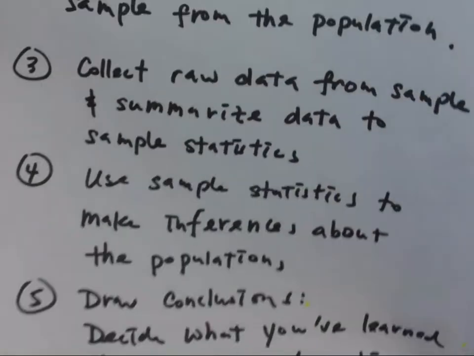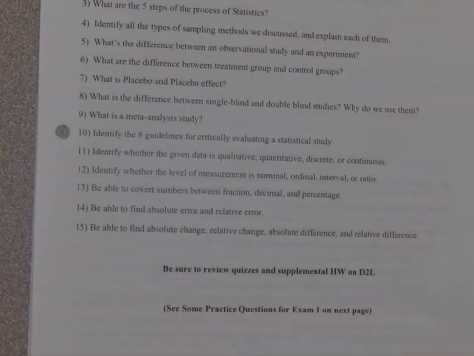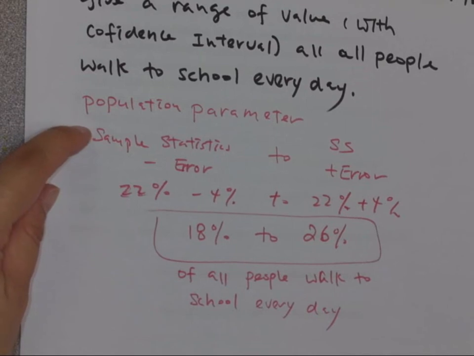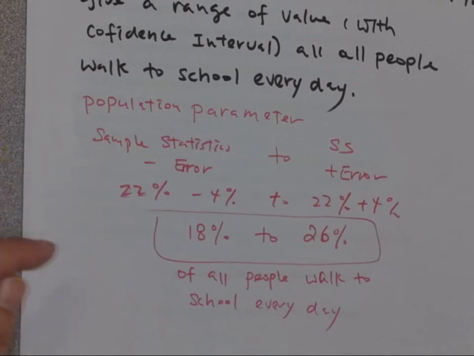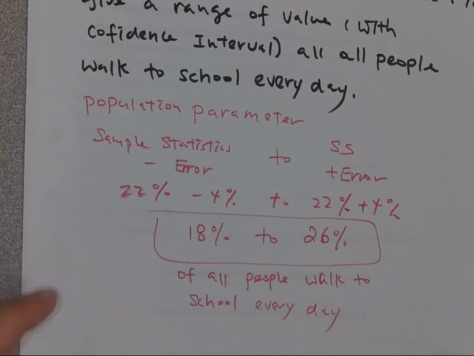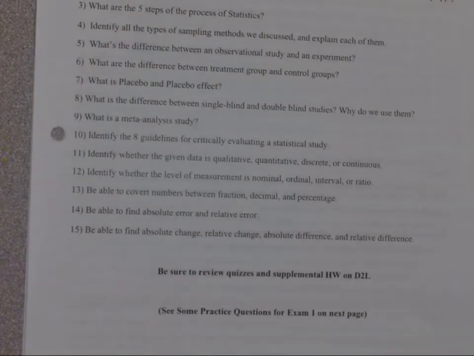So all the stuff like we have talked about in class, you have to study it a little bit. But the major calculation for 1.1 is calculating the population parameter, which is using the sample statistics, subtract the error, and add the error. Okay? All right, so that's 1.1.